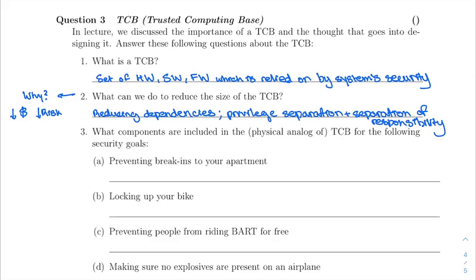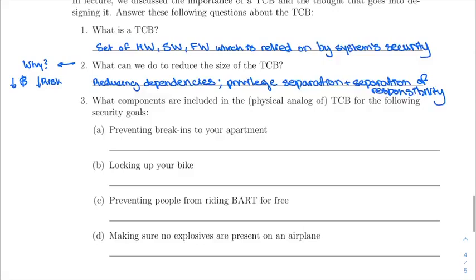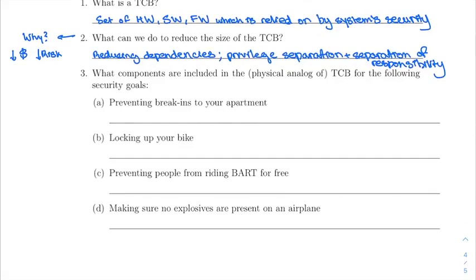Great. So last but not least, we have number 3. There aren't any definitive correct answers, but these are just interesting contexts to get your mind jogging about what a TCB would look like, or how to think about identifying the things that would go into a TCB.